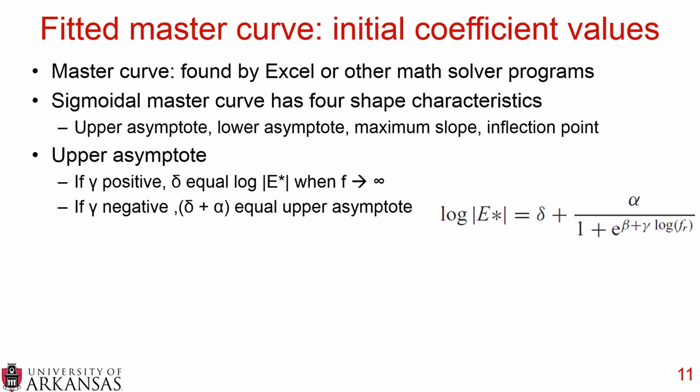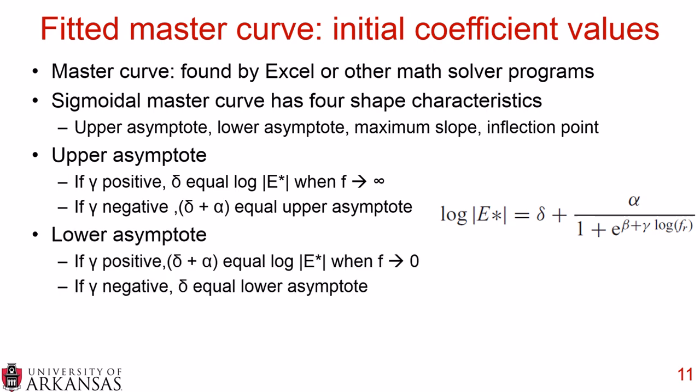Now, if gamma is negative, you can solve that equation and shift things around, where delta plus alpha equals the upper asymptote. So by looking at the upper asymptote of the master curve, we can get an idea of some values of delta and alpha.